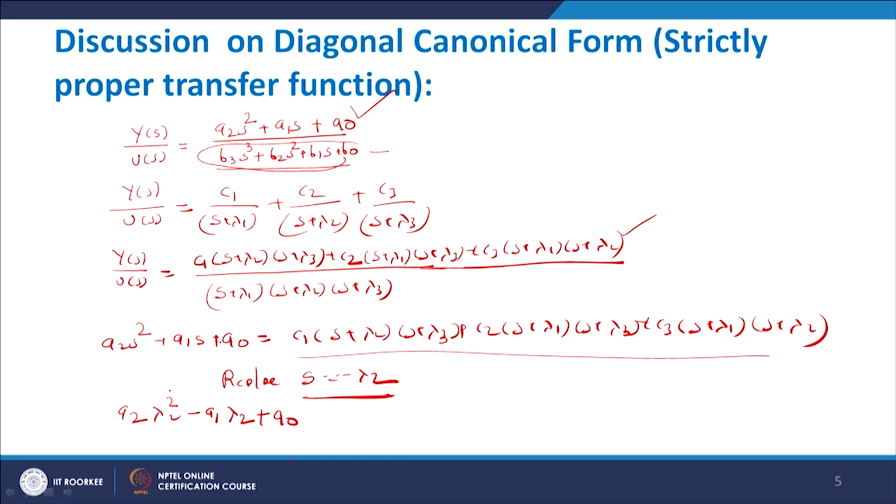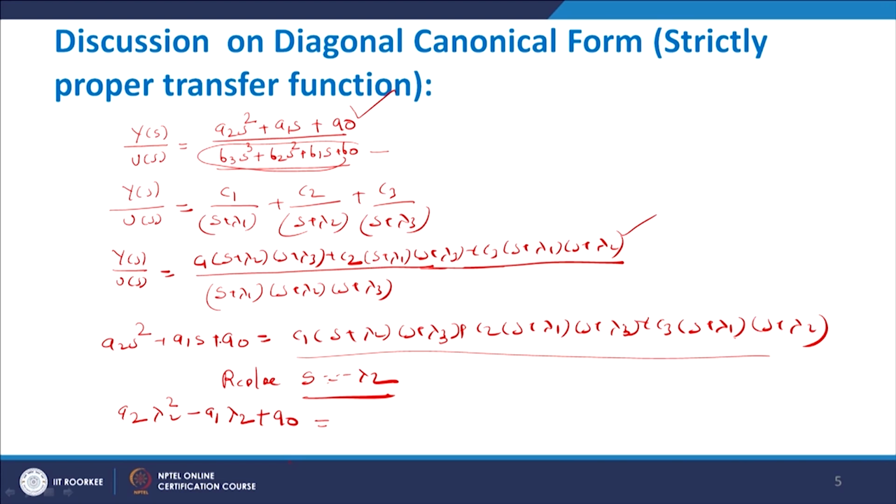So, we get lambda 2 square A2 minus A1 lambda 2 plus A naught, that is equal to, when we replace S equals to minus lambda 2 in these equations, this term becomes 0. The remaining terms are S plus lambda 1 and S plus lambda 3.